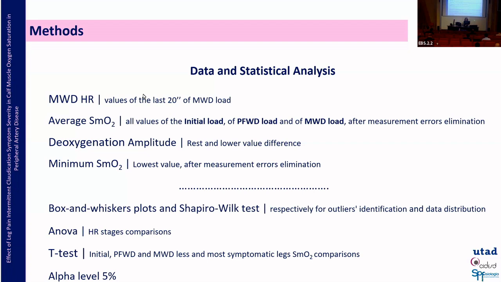For average muscle oxygen saturation, we use all values of the initial load, 3.2 kilometers per hour with 0 slope, pain-free walking distance, and the maximal walking distance loads that were different between participants. We calculate the oxygenation amplitude, the delta muscle oxygen saturation with rest and lower value difference. And we will present the minimum muscle oxygen saturation, the lowest value achieved during the protocol.